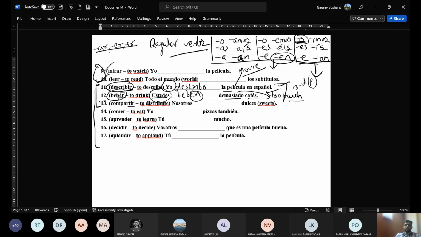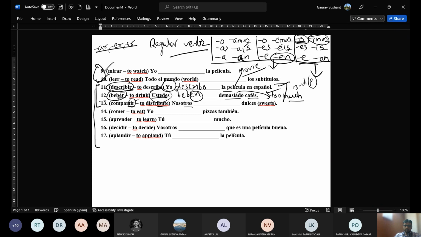Next verb is compartir, which is to share. It's an IR ending verb. Subject is nosotros. So as per that IR ending verb, if you see, this is the ending. So how will I do it?